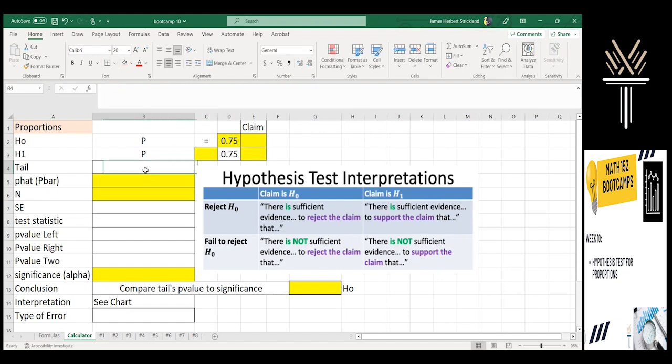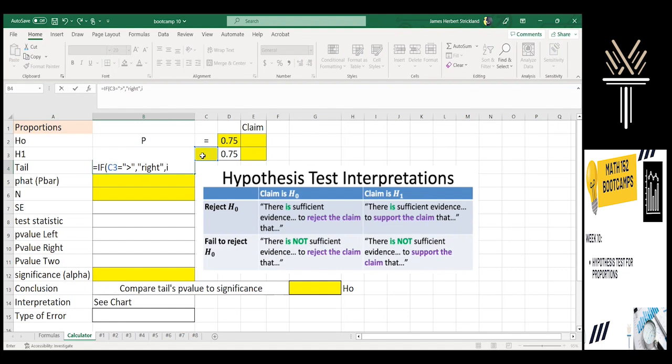So what we're going to do is tell Excel to read that box for us. And we're going to do it by if statement. We're going to say equals if, capitalization doesn't matter, this cell is equal to the greater than symbol in quotes. Then we're going to say the word right. So we know those two are connected, and it'll be a right tail test.